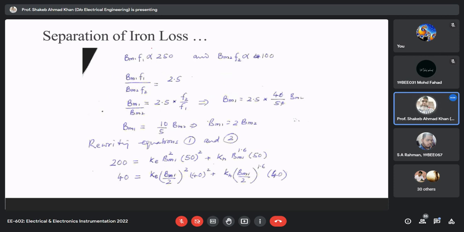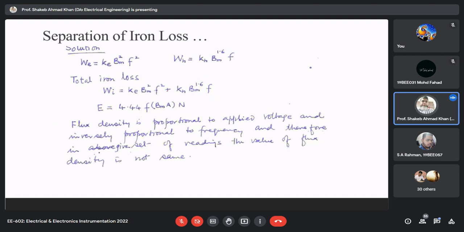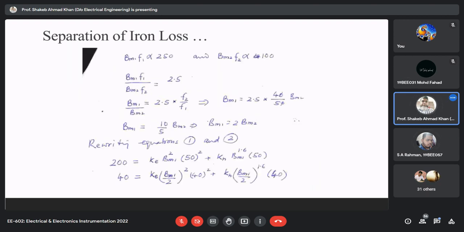So here you can see that from this equation, the flux density into frequency is directly proportional to the EMF. All other terms, you look, they are constant. So the product of frequency and flux density is directly proportional to the excitation.